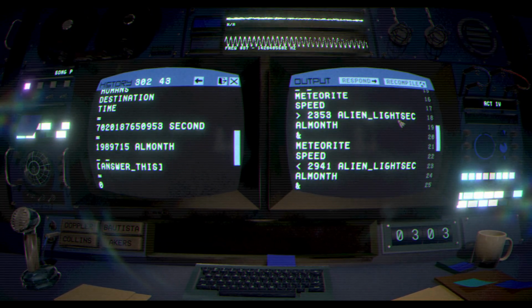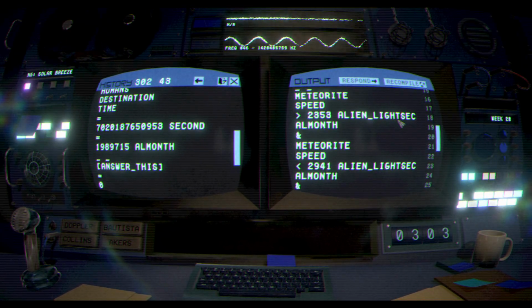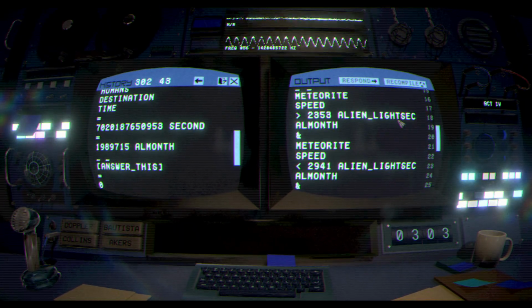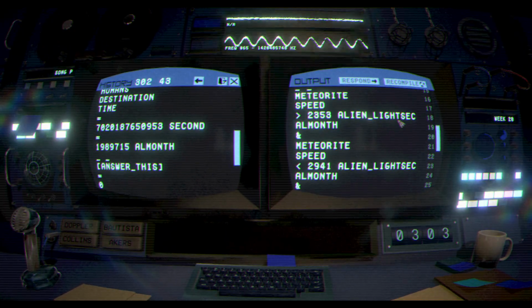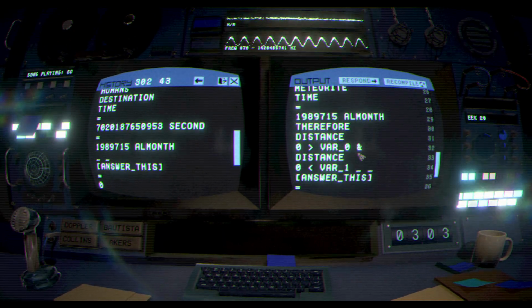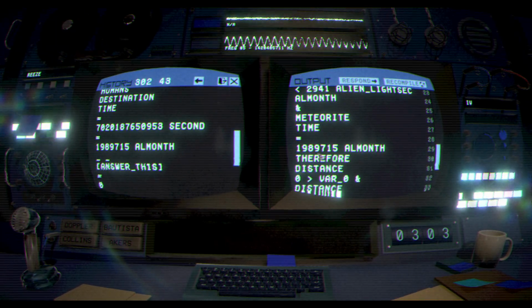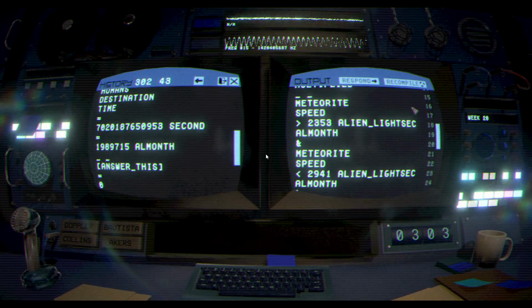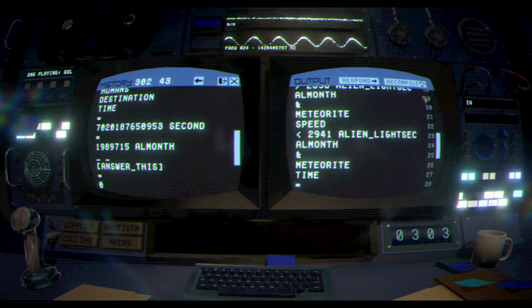Okay. So let's reevaluate. It took them 1,989,715 all months, and they were traveling at this many alien light seconds per all month.